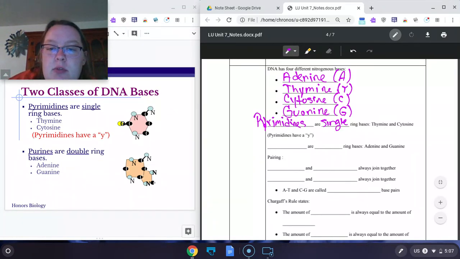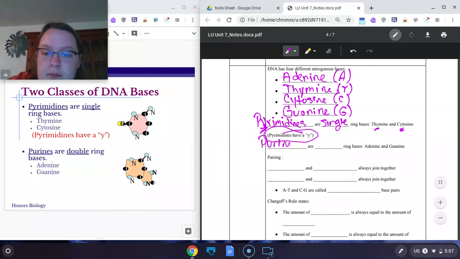And the way that you can remember this is long word, short structure. The way that you can remember which bases are pyrimidines is because they have a Y. Pyrimidines have a Y. So PY, THY, CY. So thymine and cytosine are pyrimidines because they have a Y.